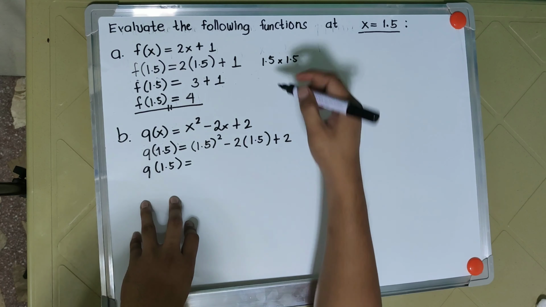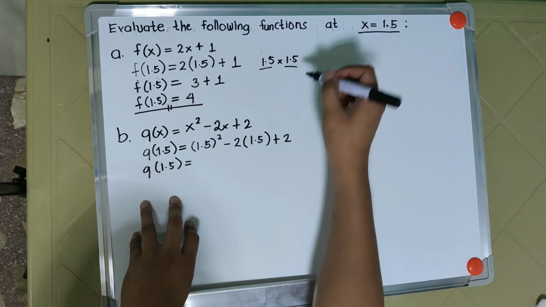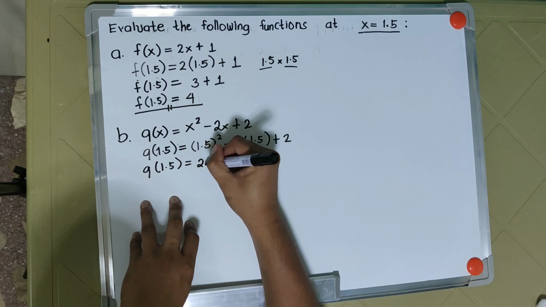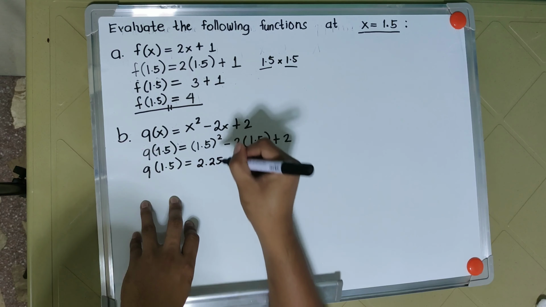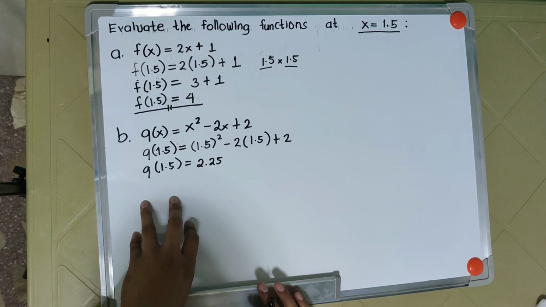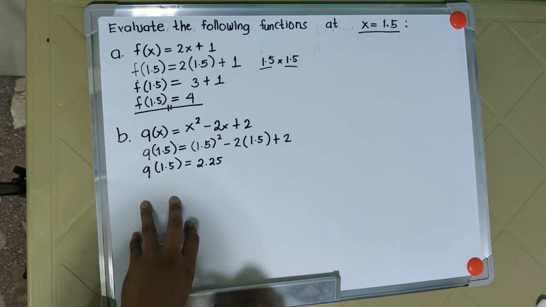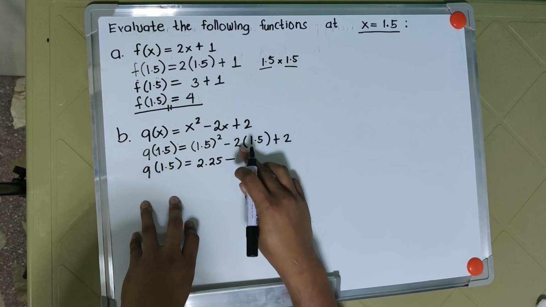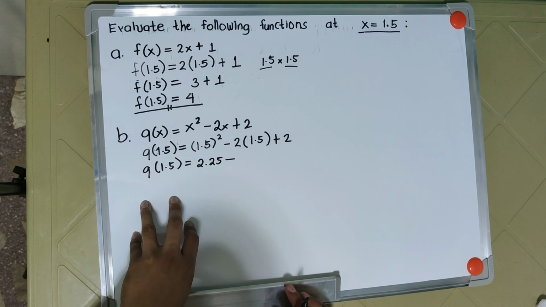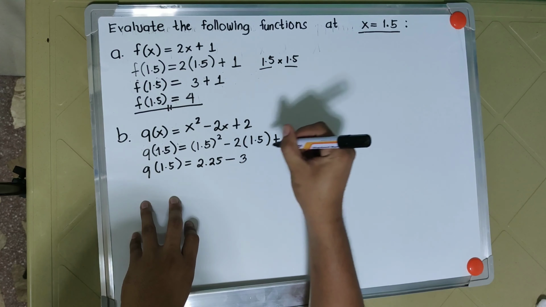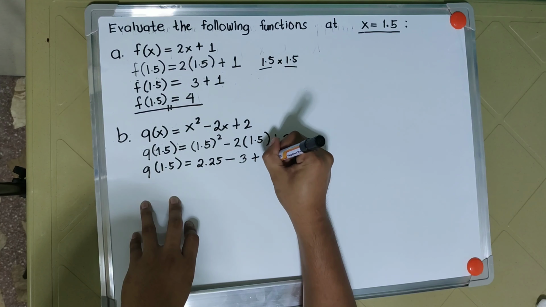So 1.5 square, so meaning 1.5 times 1.5, that is equal to 2.25. Okay, class? You can use your calculator for easy calculations. So 1.5 square is equal to 2.25. So copy minus 2 times 1.5. Use your calculator. So that is 3. Then copy plus, copy 2.